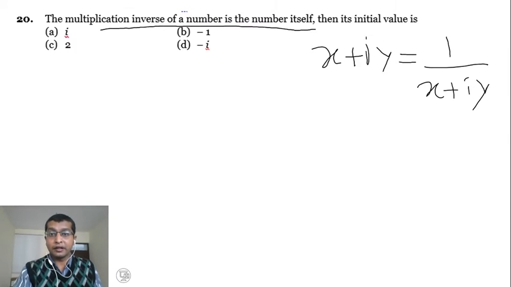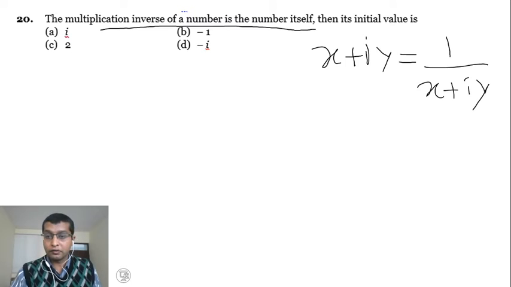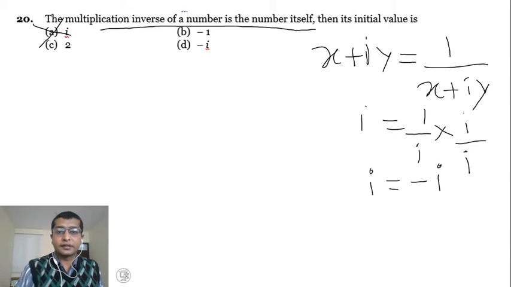Then we have 4 possibilities to check. First option i, then it is 1 divided by i. Since i is in the denominator, we multiply by its conjugate. So 1 into i, i square is minus 1. We get i equal to minus i. So A is a wrong answer.